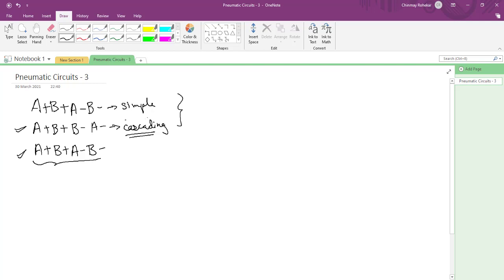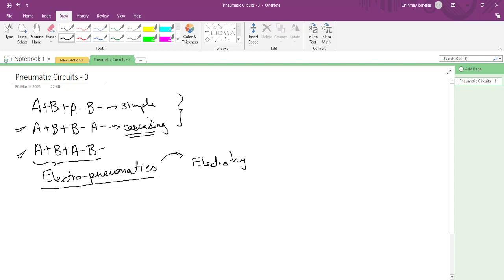And after this part, I will be moving on to the electropneumatics part, right? The electropneumatics part is much more important because this is the question which is most commonly asked, right? So we will learn electropneumatics, and then I will teach you how to convert an electropneumatic circuit into an electrohydraulic circuit, right?